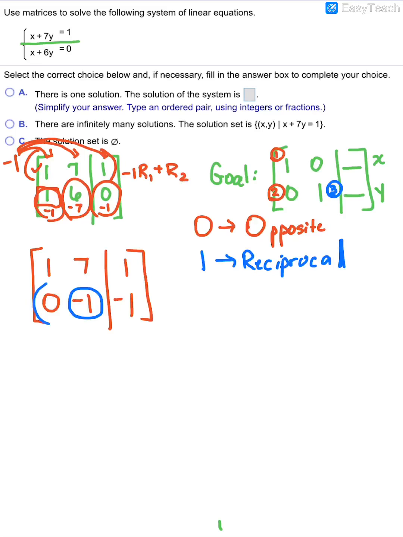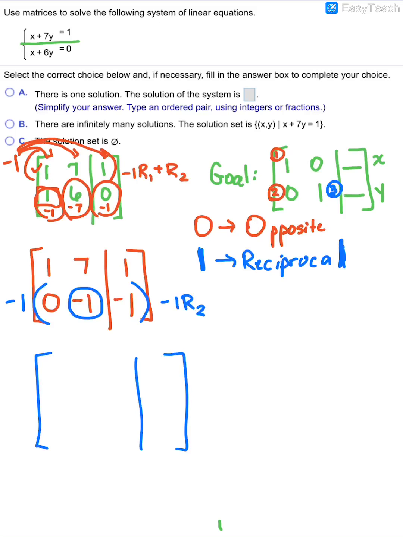And the reciprocal of this negative 1 would be 1 over negative 1. And 1 over negative 1 is still just negative 1. So we're going to multiply negative 1 times row 2 and replace row 2. Anytime we're getting the 1s, you're just going straight to the row to multiply. I think of it as a one shot. Okay, the number 1, it's a one shot, straight to the row.